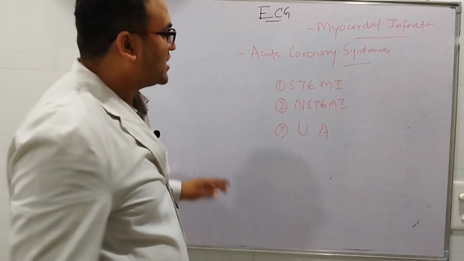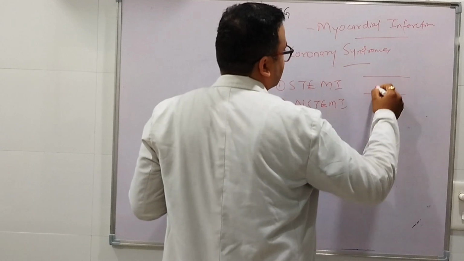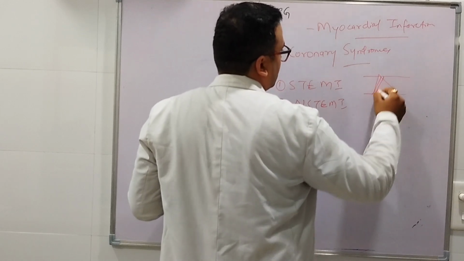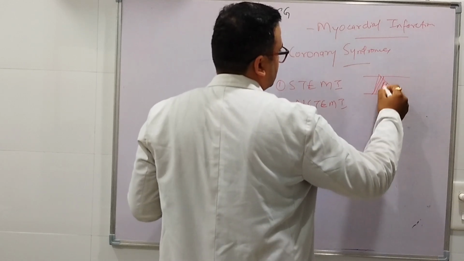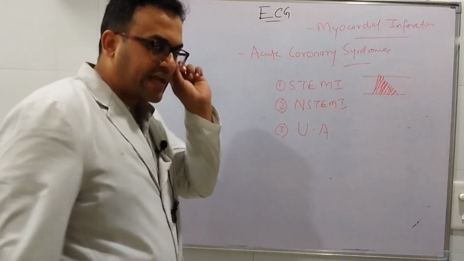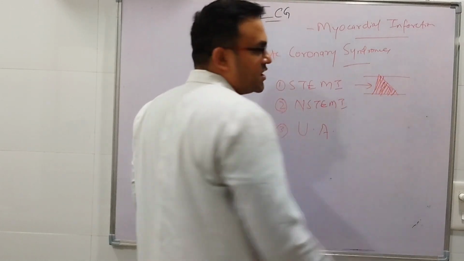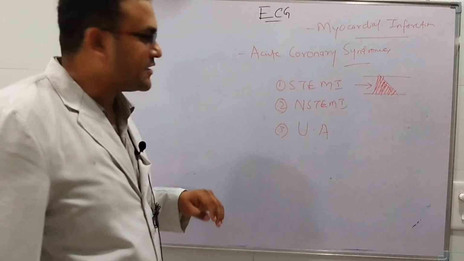The basic pathology in ST elevation MI is that there is complete occlusion of the blood vessel. We don't have time. We have to establish the circulation by either thrombolysis or passing a stent.